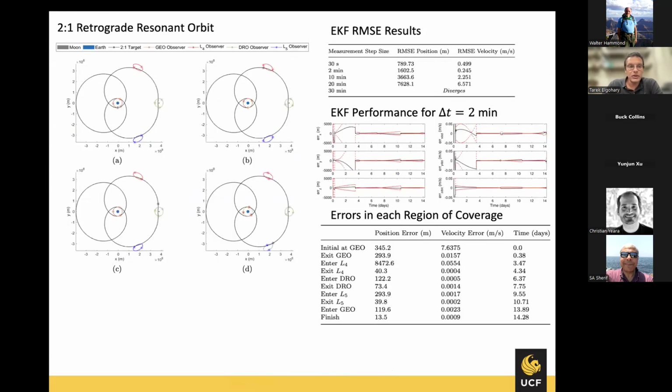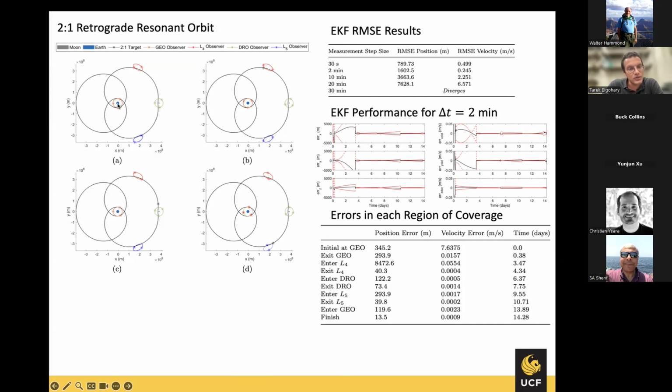Cool. All right. So obviously we went to the next step, where we looked at one of the very interesting orbits in cislunar space, called the 2-1 retrograde resonant orbit. This orbit is very interesting. This is Earth. This red orbit is Geo, geostationary. And that is the 2-1 retrograde orbit.